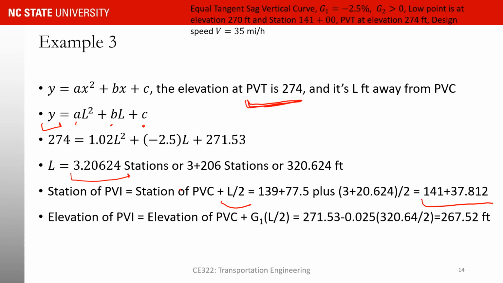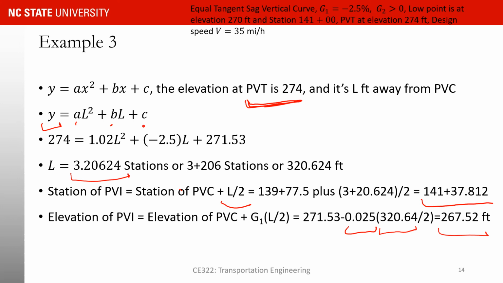Now you can see that here I put G in feet per feet, so I had to put L in feet. So that's going to be 271.53 minus 0.025 times L. That's going to be 267.52 feet. That's the elevation of PVI.